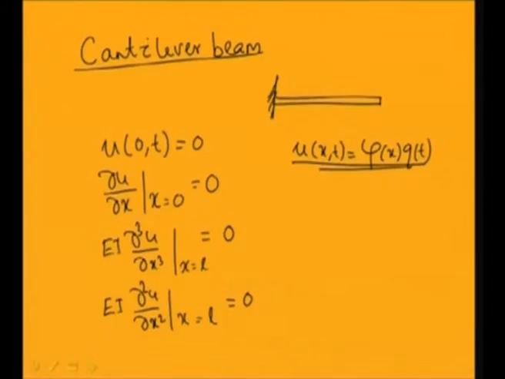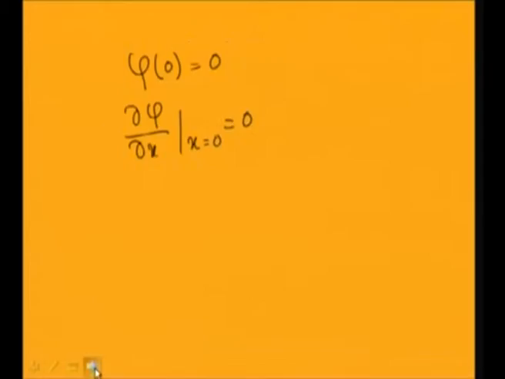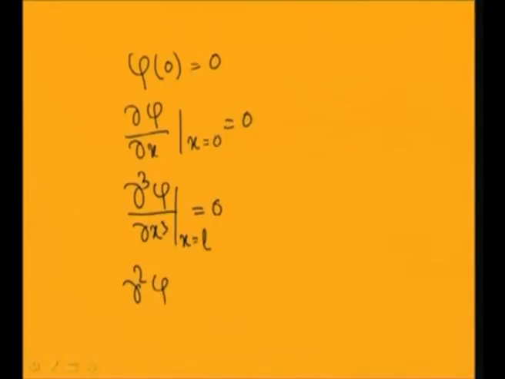Similarly, for the third condition, I can find del cube psi by del x cube equal to 0 at x equal to L, and del square psi by del x square at x equal to L equal to 0. So, these are the 4 boundary conditions which should be solved to find the constants in the expression for psi x.